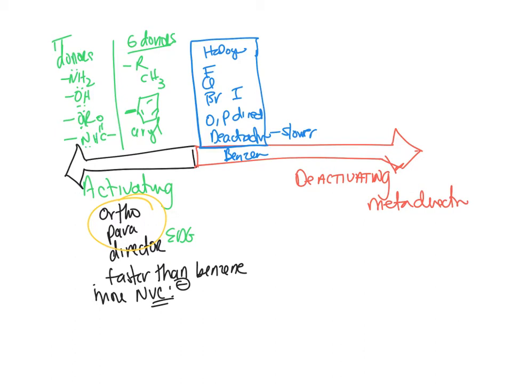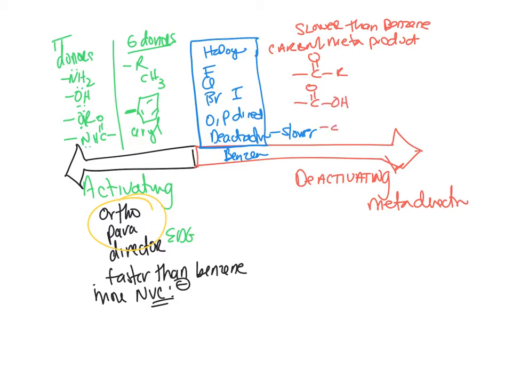And then you have here deactivating. So these are going to be slower than benzene. They're going to react slower, and they're also going to give you a meta product. And these are like your carbonyls, so you have a ketone, a carboxylic acid, an ester, and what these have is this delta positive carbonyl.